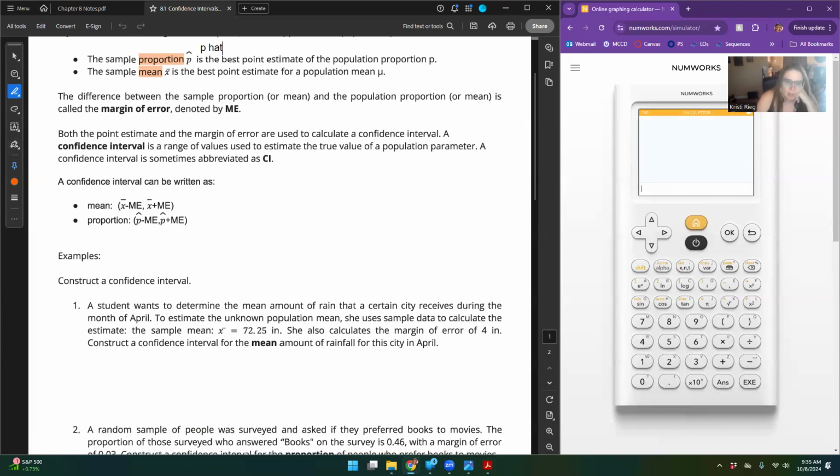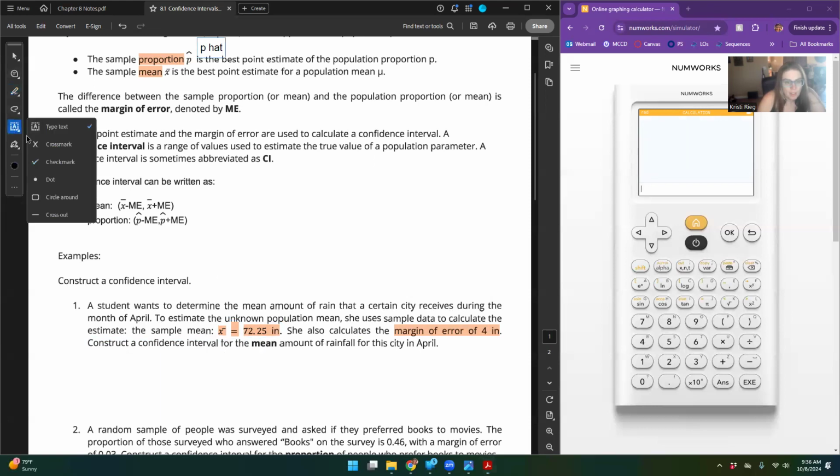So here we have a problem, and it says we're constructing a confidence interval. A student wants to determine the mean amount of rain that a certain city receives in April. To estimate the unknown population mean, because we don't know what mu is, she uses sample data to calculate the estimate. So we know the sample mean, X bar, and then we know the margin of error is 4. So we want to construct a confidence interval for the mean amount of rainfall.